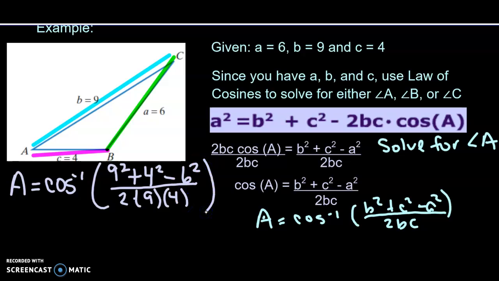So I'm going to take that whole thing and go to decimals. Remember to make sure your settings are in degrees.